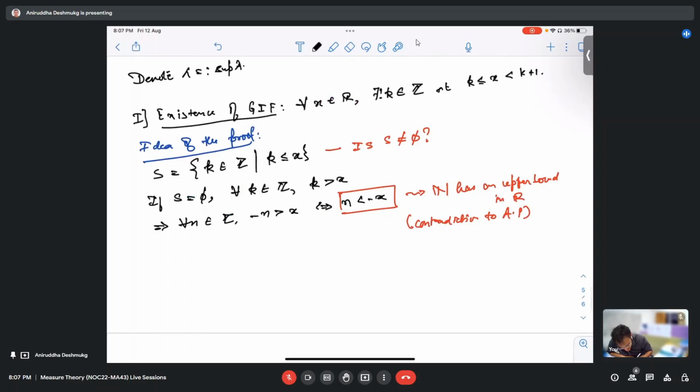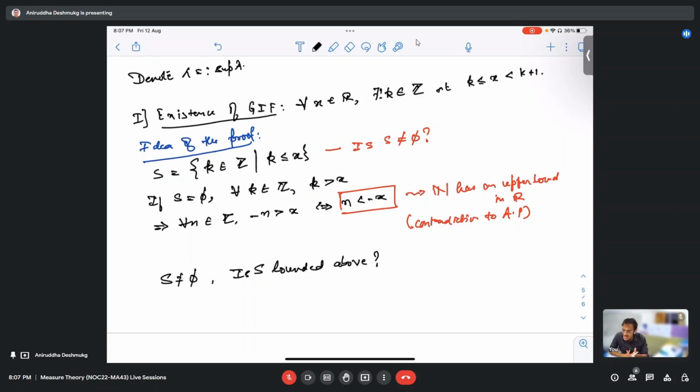Now since S is non-empty, is S bounded above? No, sir. It is not bounded above. It is bounded above, right? Because by definition, every element in S is less than or equal to x. But the element belongs to the integers.